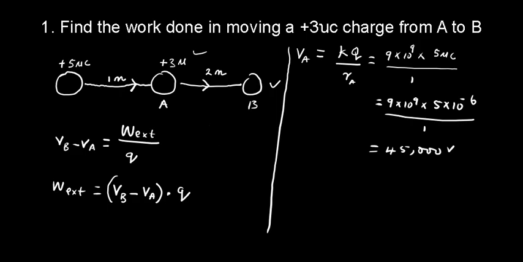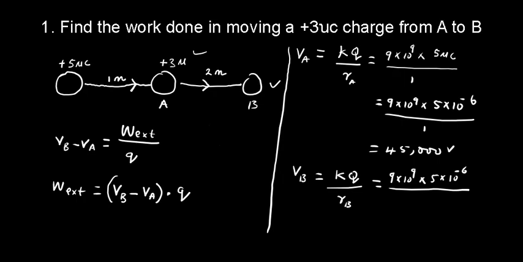Okay, let's look at the potential at B. It's also going to be KQ over RB, which is equal to 9 times 10 raised to power 9 multiplied by 5 times 10 raised to power negative 6, divided by our distance, because we are moving it from this point and we're looking at B here.